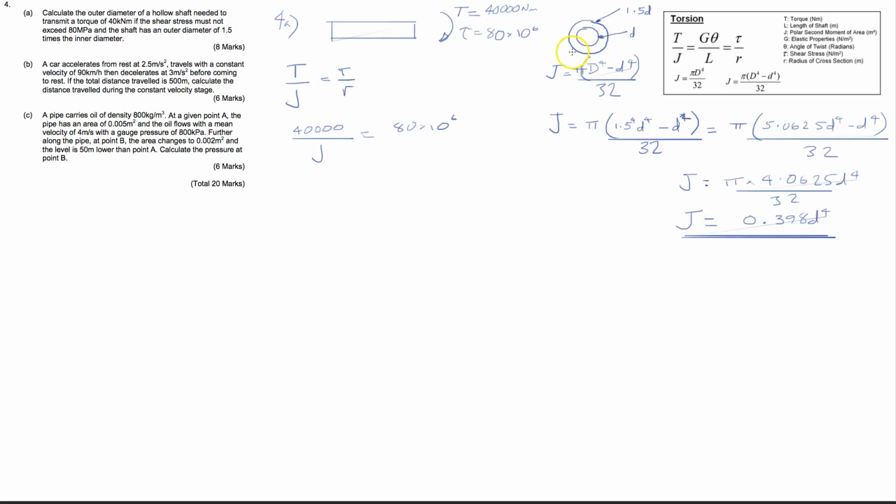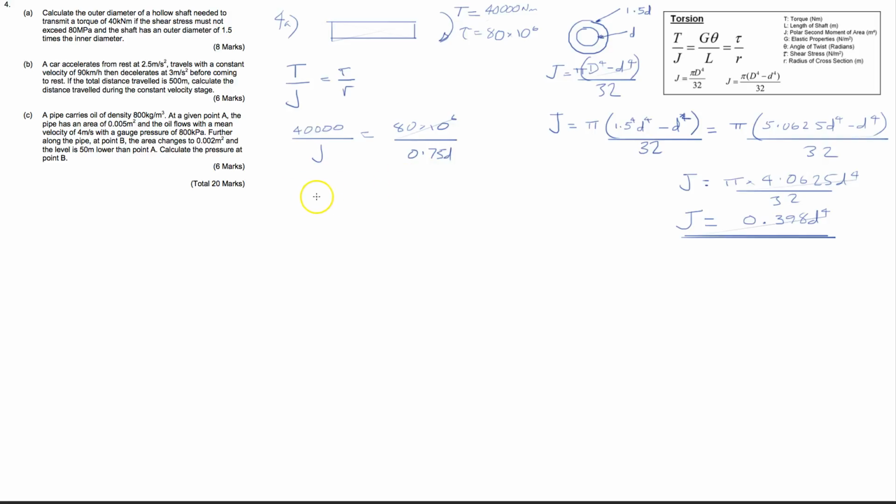So the radius of this cross section would be half of 1.5 d. So that'd be 0.75 d, little d. So we're going to end up with a value of J in terms of little d.